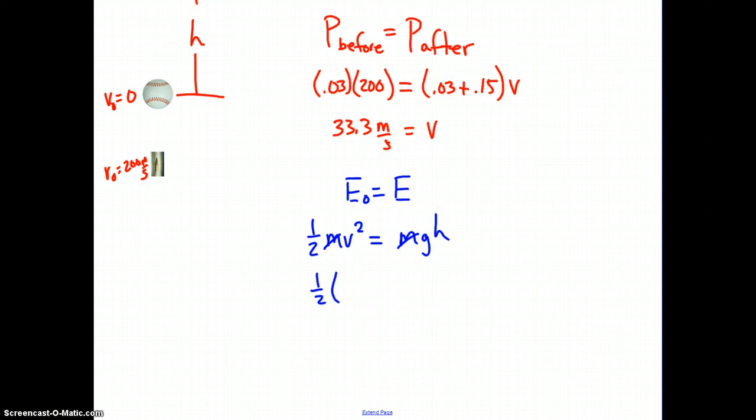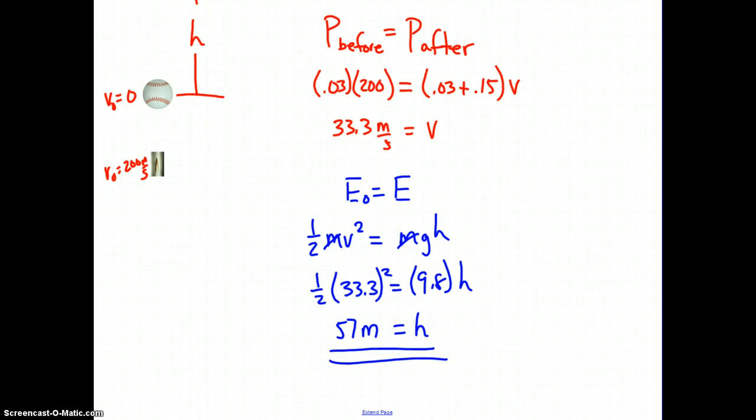So we have 1/2 of our non-sig fig 33.3 squared equals 9.8 times H. We go ahead and solve for H, and we get that the bullet-baseball combo rises to 2 digits, 57 meters into the air. Our answer to number 7.